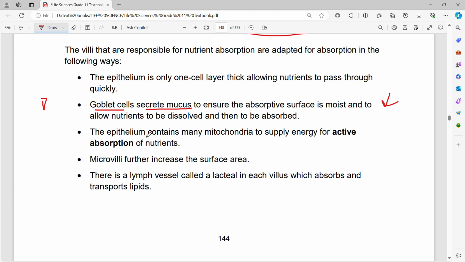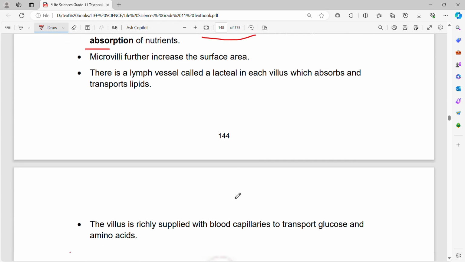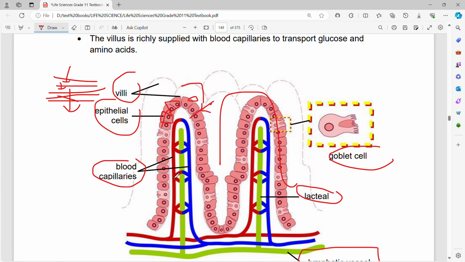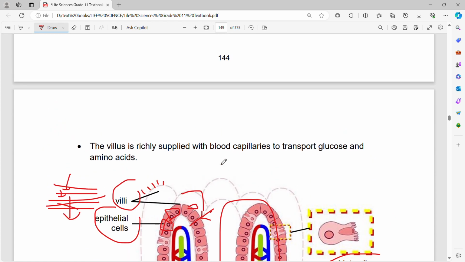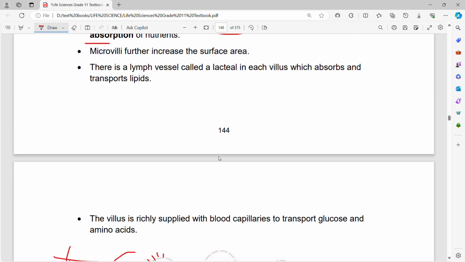Now the epithelium contains many mitochondria to supply energy for the active absorption of nutrients. Mitochondria are the powerhouse of the cells, with ATP, so they have a supply of energy for active absorption. Microvilli will increase the surface area. So this is the villi. On these small projections, microvilli will then increase the surface area of the cell.